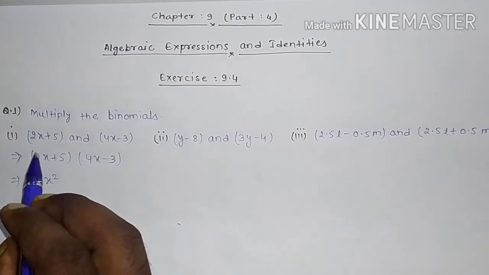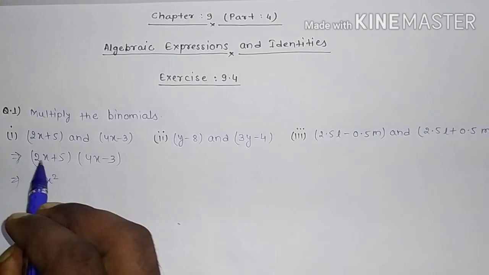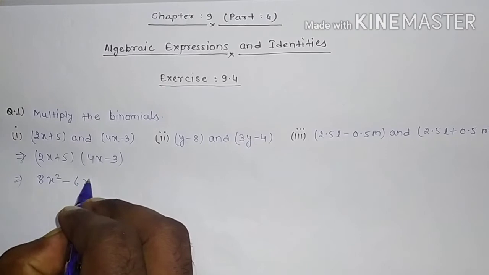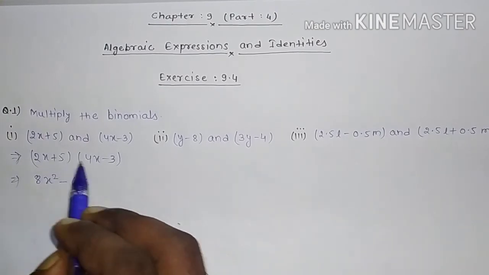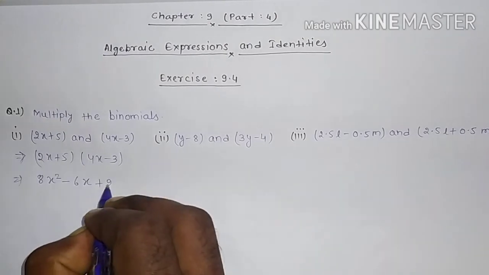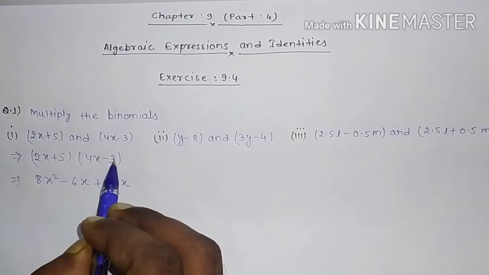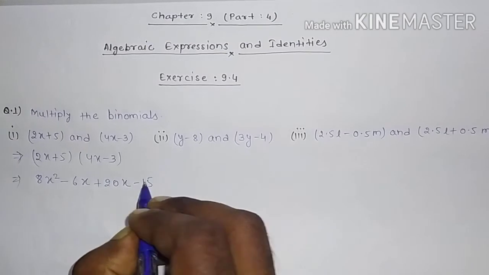Now 2x is multiplied into minus 3. 2 3s are 6, so it will be minus 6x. Similarly, 5 is multiplied into 4x, so 5 4s are 20, this is plus 20x. Now 5 is multiplied into minus 3, 5 3s are 15, so this is minus 15.